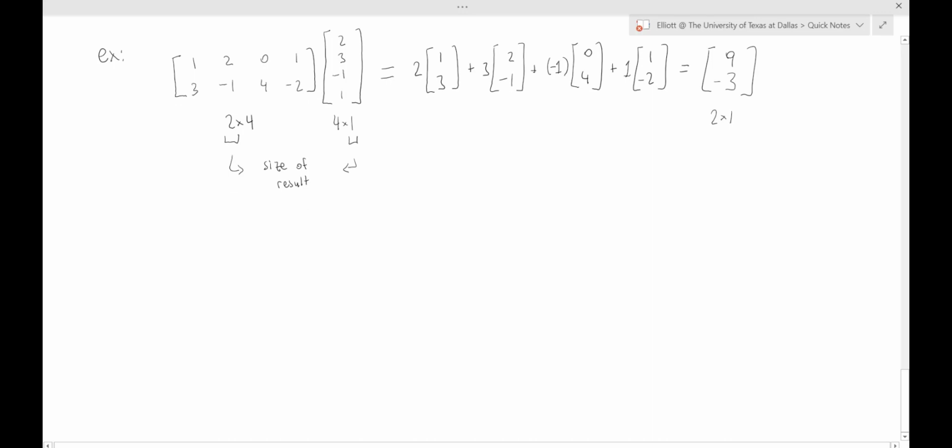Now there's another way that you can view matrix vector multiplication. Okay, so here we compute it as a linear combination of the columns of A. But an alternative perspective, if you will, on multiplying a matrix and a vector. I'll just use the same example to illustrate.